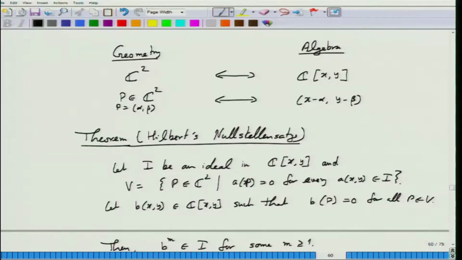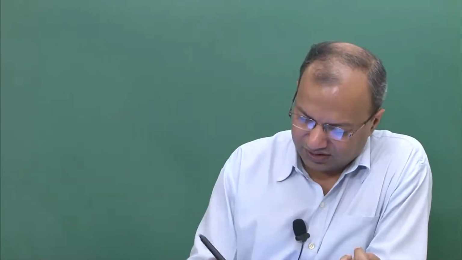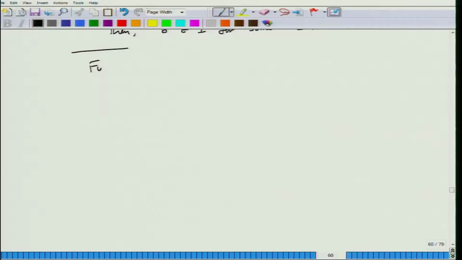Putting everything together, we get that this is precisely the ideal of all polynomials that are 0 at this point. So this ideal uniquely identifies this point and vice versa. So points correspond to maximal ideals. In fact, we can go further and show that every maximal ideal corresponds to a point.